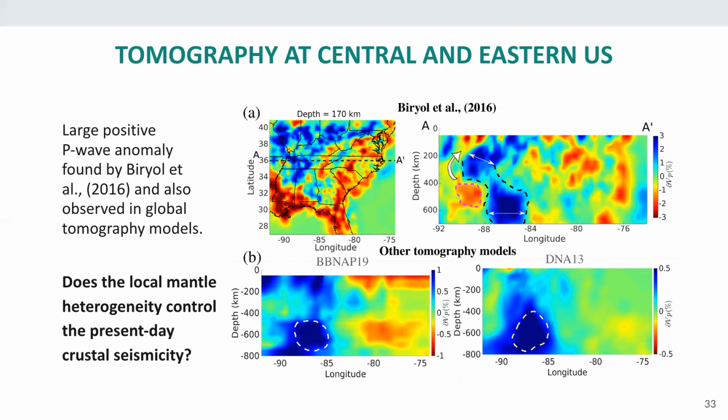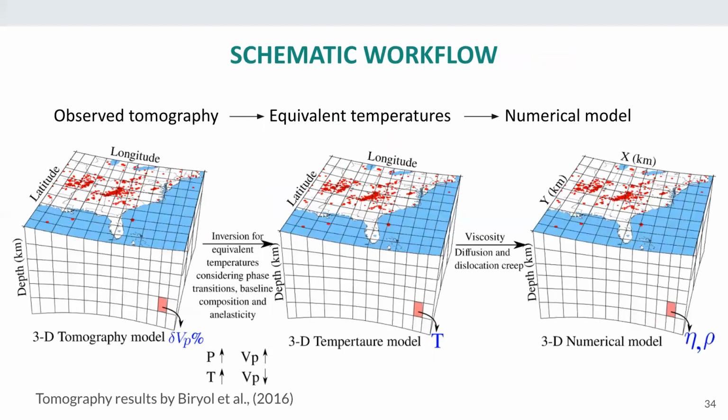And the question we wanted to ask is if the local mantle heterogeneity we see in the tomography controls the present day crustal seismicity. And the workflow for our models is we start off with the observed tomography and we convert it into equivalent temperatures. And using those temperatures, we set up our model with equivalent buoyancy forces and equivalent viscosity distribution.